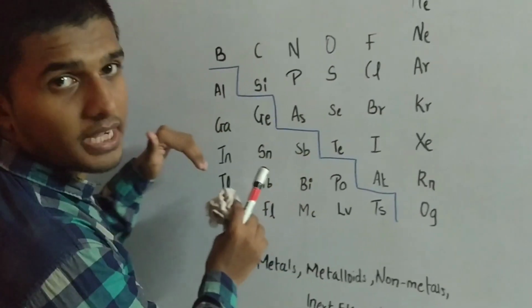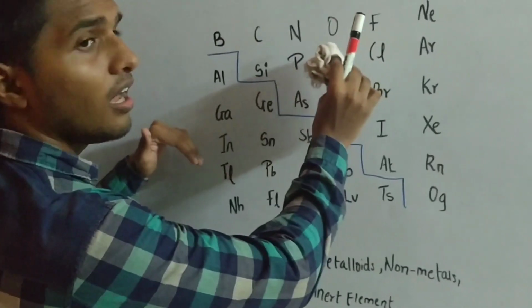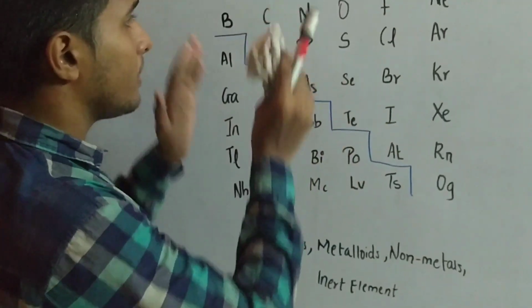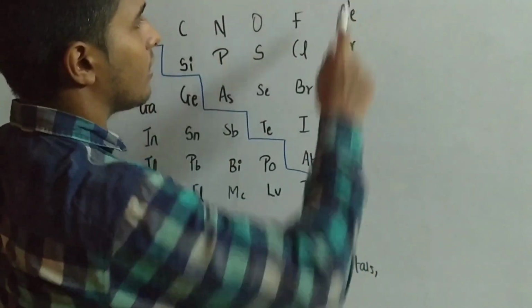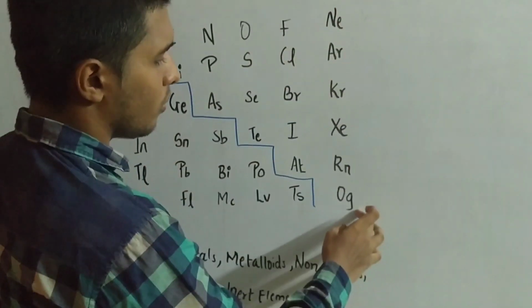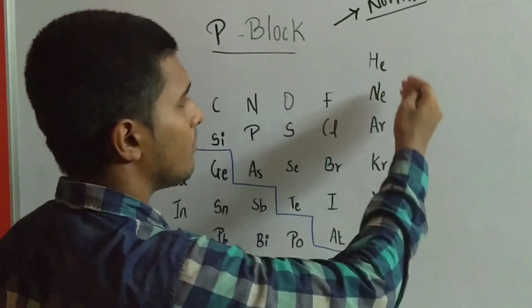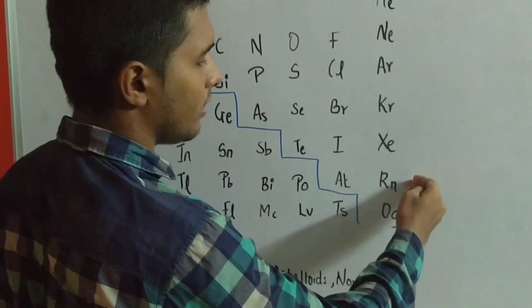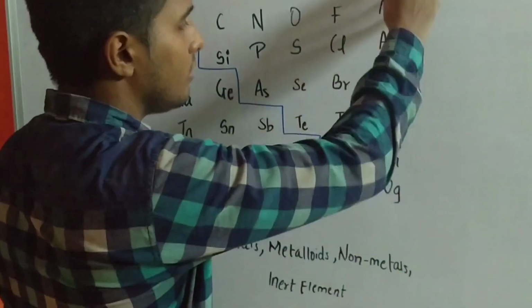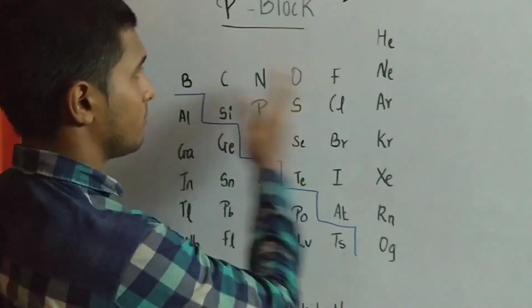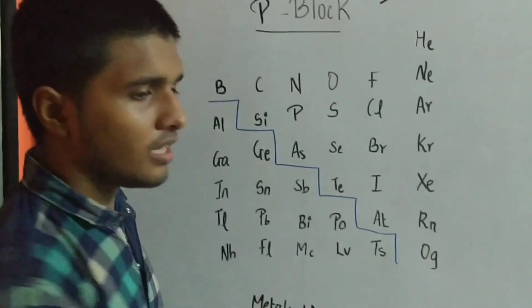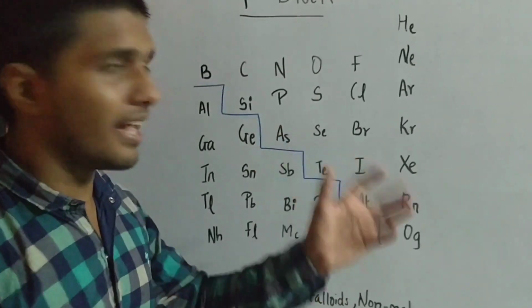Metals are on the left side and non-metals are on the right side of the P block. Last but not the least, the line from He to Og, which means helium, neon, argon, krypton, xenon, radon, oganesson, these all are noble elements which are totally separated from this P block but are included in your periodic table for diagrammatic representation.